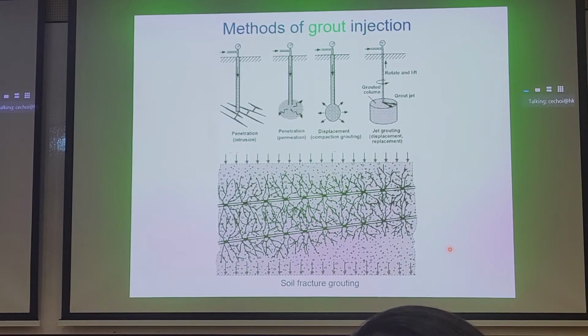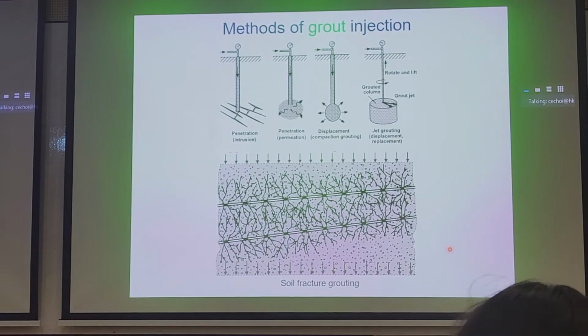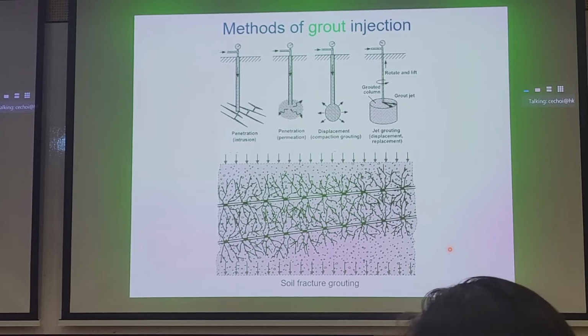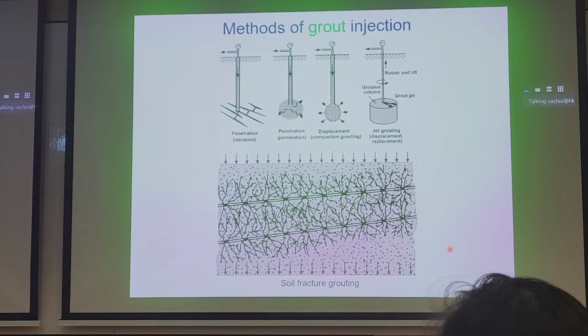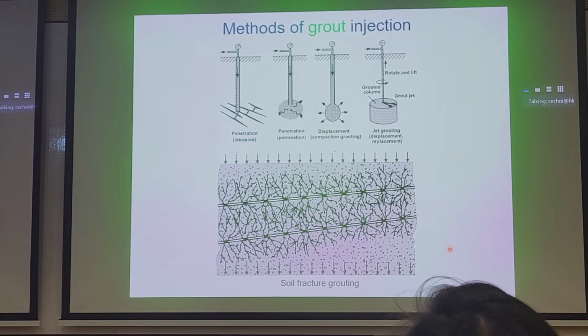If you are carrying out tunneling works underneath a particular sensitive infrastructure, such as a tunnel, you can compensate stress release by simultaneously carrying out soil fracture grouting underneath the tunnel to protect it beforehand. We'll talk about some of these applications later on.